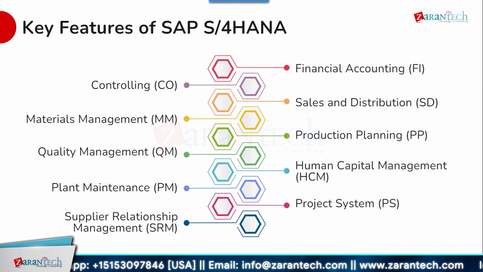Next is controlling or CO. That helps in monitoring, managing and optimizing business operations and their cost. Then comes sales and distribution or SD. That manages customer orders, deliveries and billing processes efficiently.